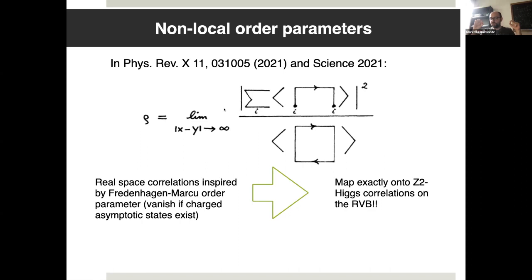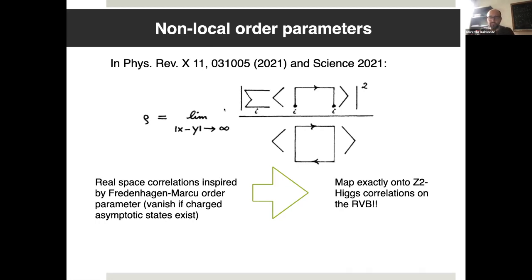This is one observable. You square this observable and divide it by just a conventional loop in imaginary time and space. The behavior of this ratio as a function of the length of the loop tells you if the theory has topological degrees of freedom, at least at the ground state level, or not. So it is in principle a very interesting diagnostic.